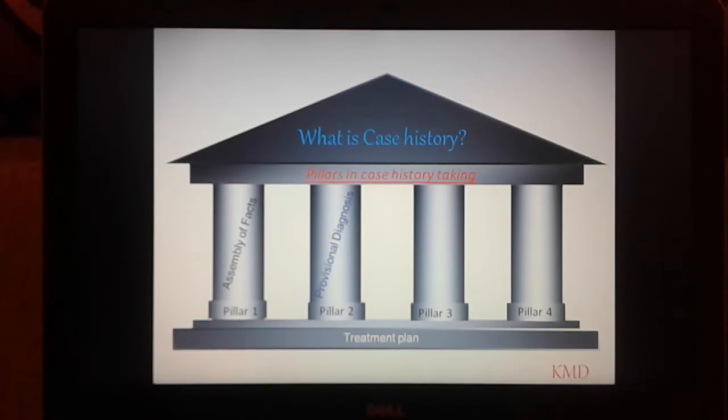The third pillar is to make a differential diagnosis of all the possible conditions. And finally, the fourth pillar is to select the closest possible choice to arrive at a final diagnosis. Finally, considering all these pillars, we arrive at an effective treatment plan, or we formulate a treatment plan.